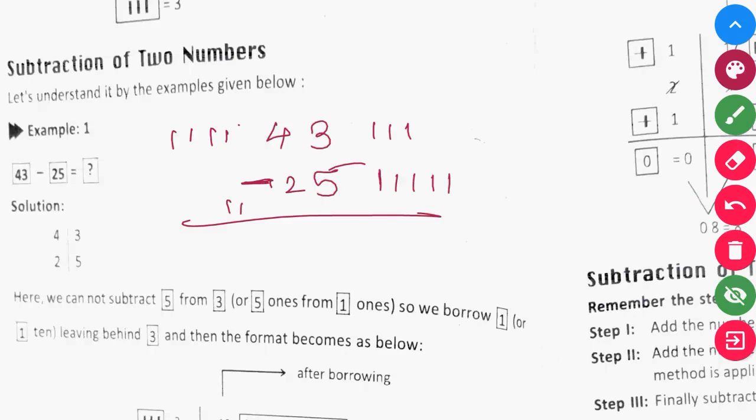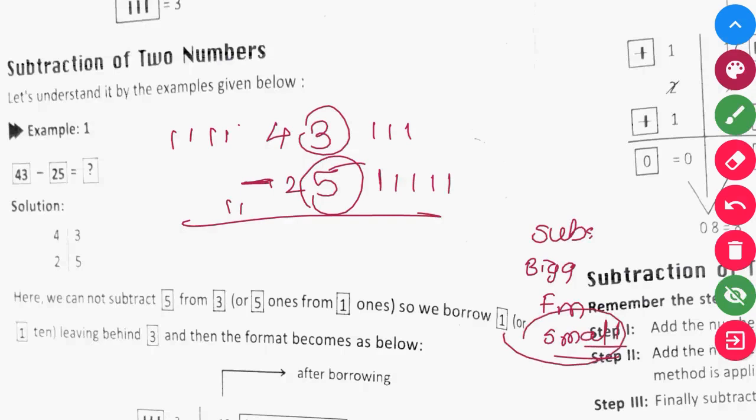But here one twist is there. We cannot subtract this 5 from this 3, because we cannot subtract a bigger number from a smaller one without borrowing. So subtraction is also divided into two types: simple subtraction and when we borrow from the former place. Here 5 cannot be subtracted from 3 easily, so 3 will borrow from this 4.